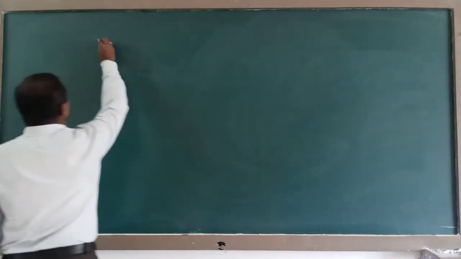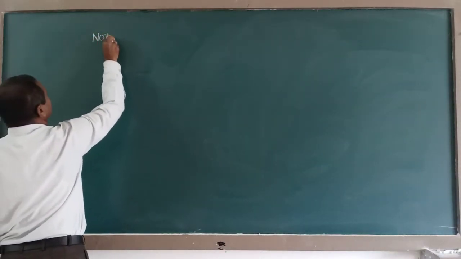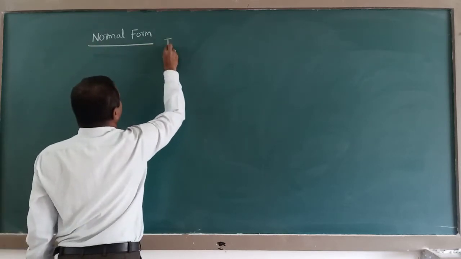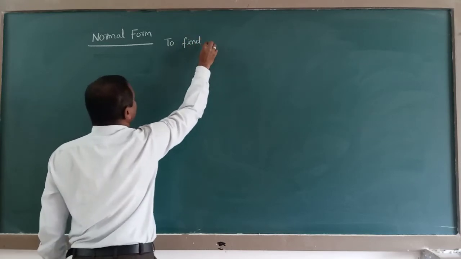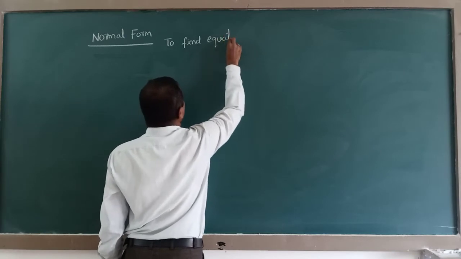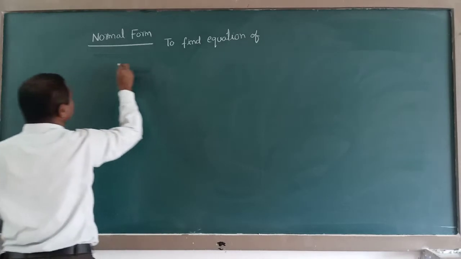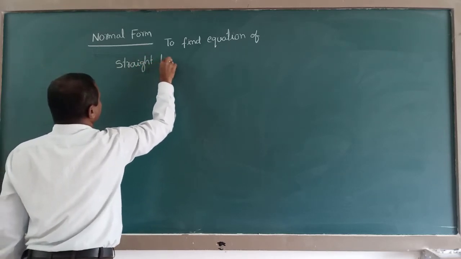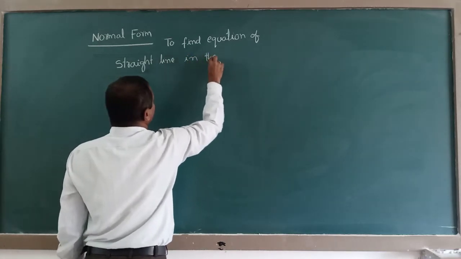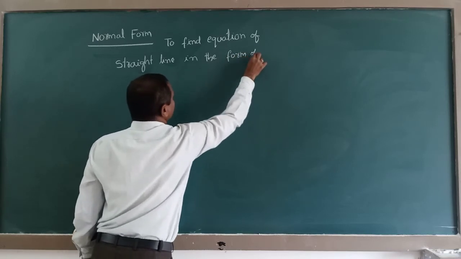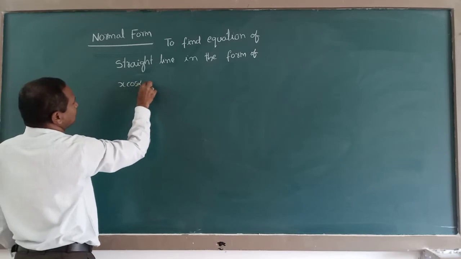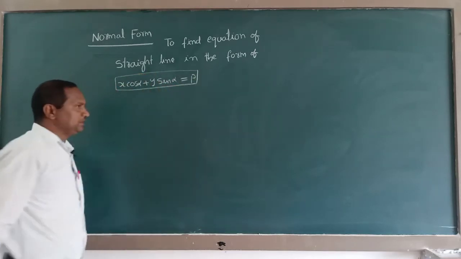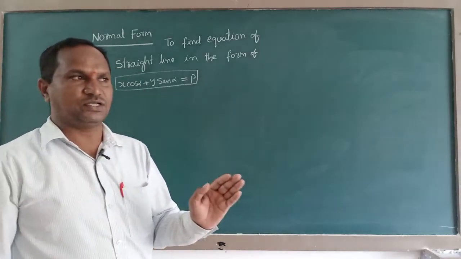Normal form. To find the equation of straight line in the form of x cos alpha plus y sin alpha is equal to p, where p is the length of the perpendicular from origin onto the line.